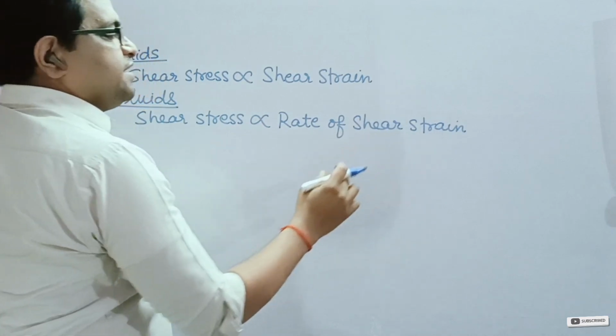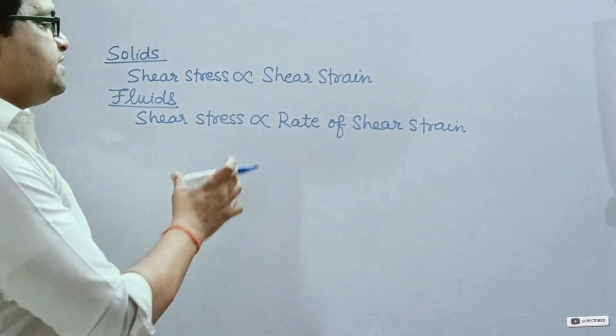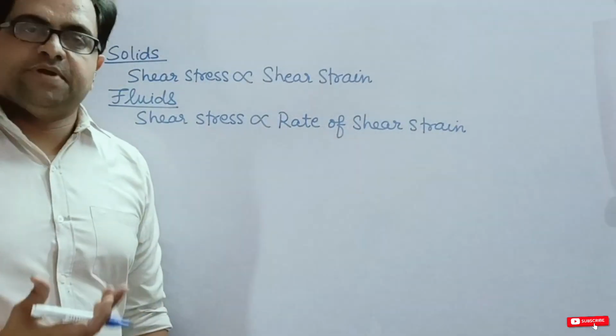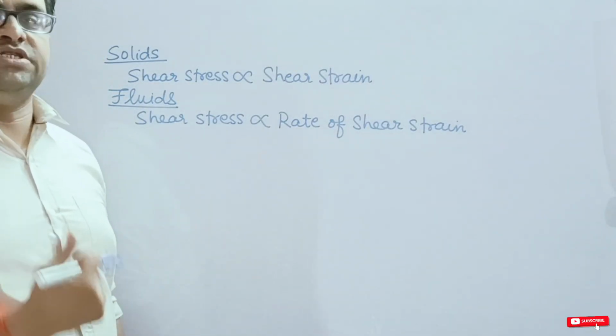The rate of shear strain is because of the continuous deformation of fluid, and this relationship is mathematically expressed by using a very important law which we call the Newton's law of viscosity.